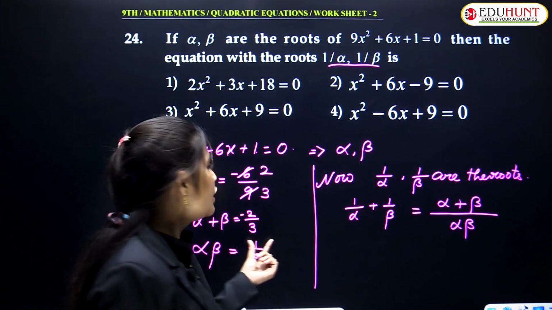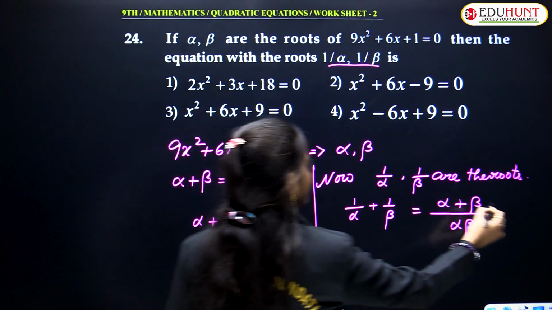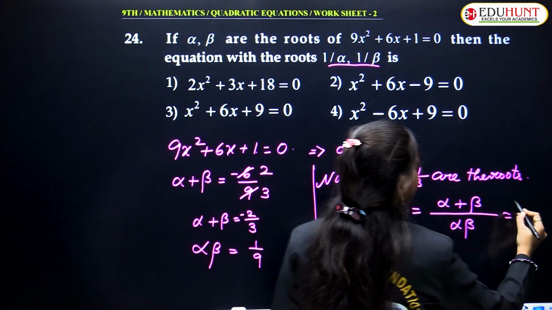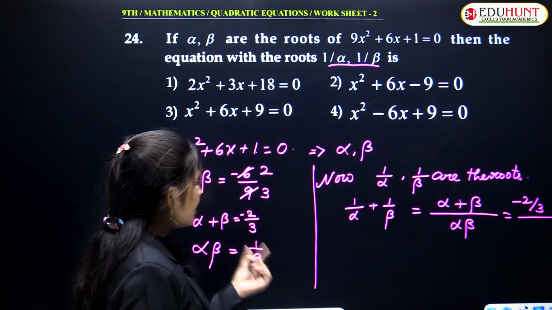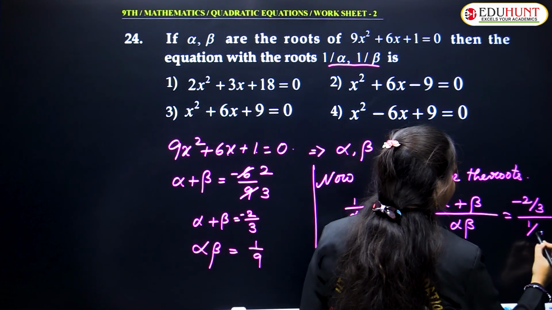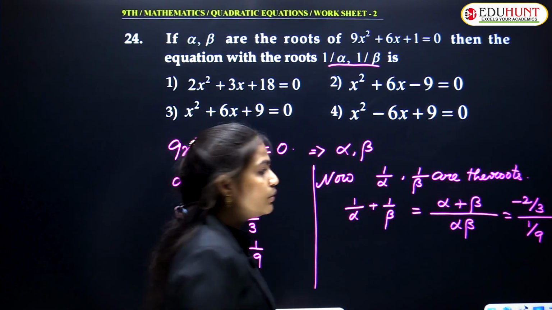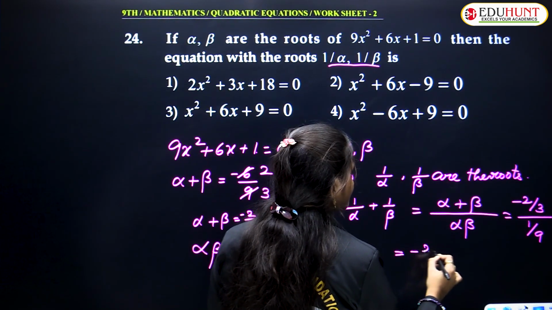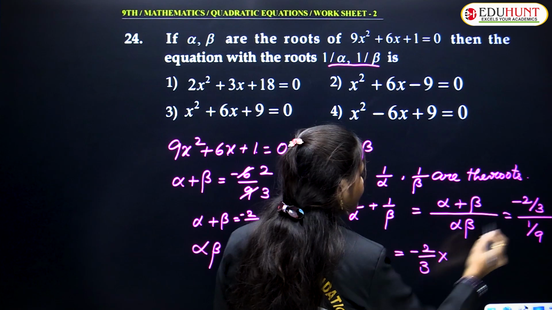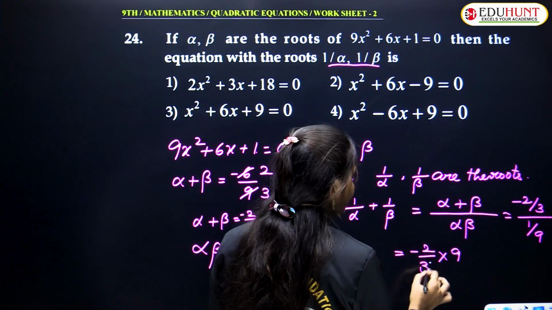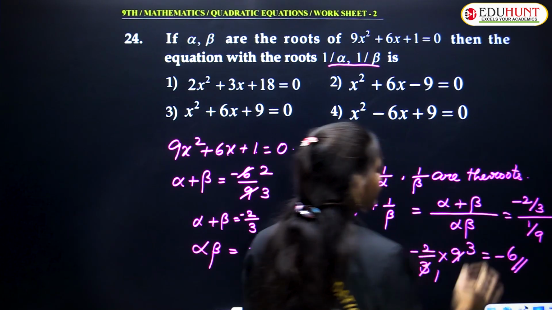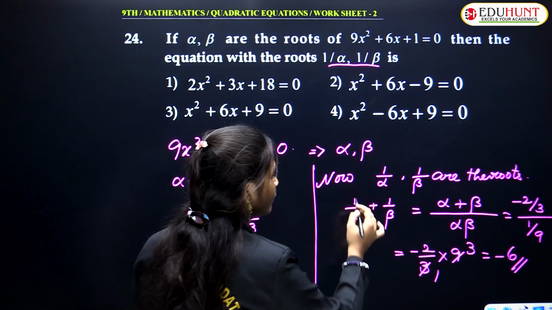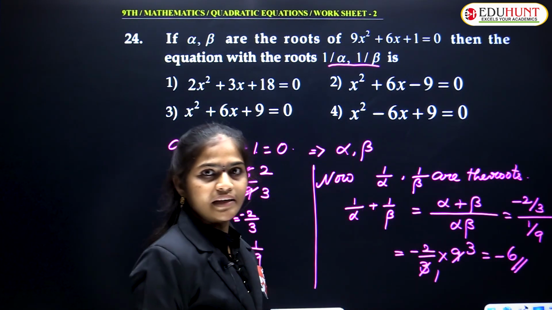So alpha plus beta is equal to minus 2 by 3, and alpha beta is equal to 1 by 9. So it is minus 2 by 3 into 1 by 9, whose reciprocal is 9, so the answer is minus 6. That is the value of 1 by alpha plus 1 by beta.